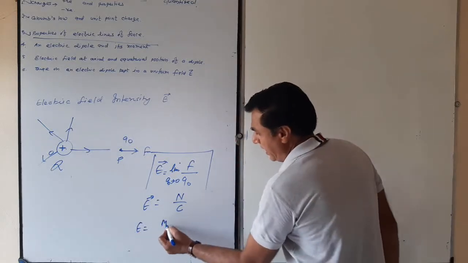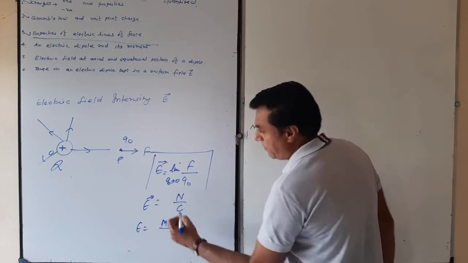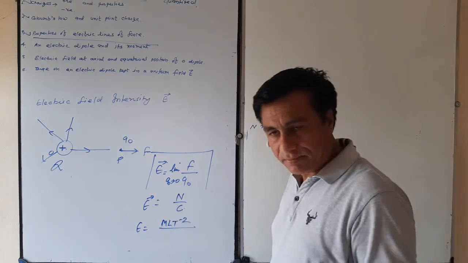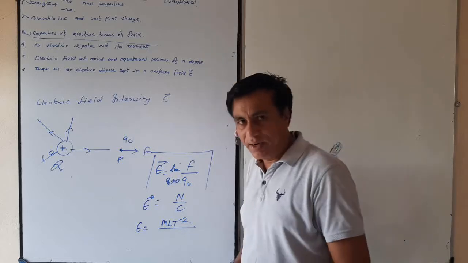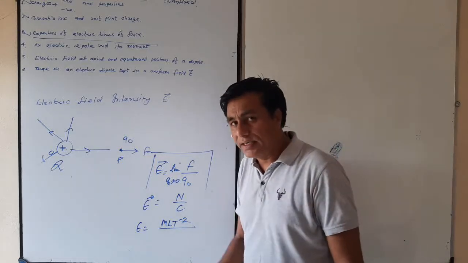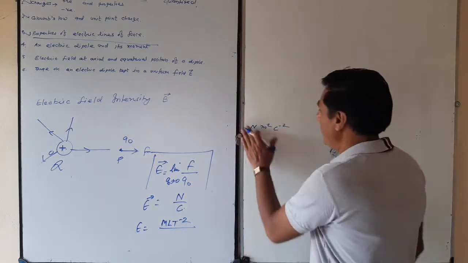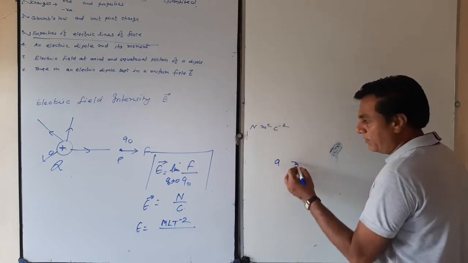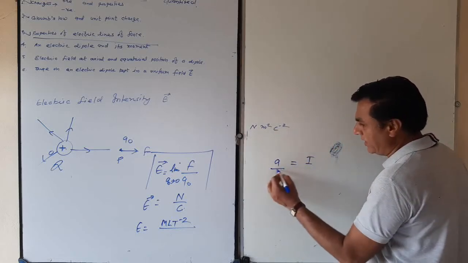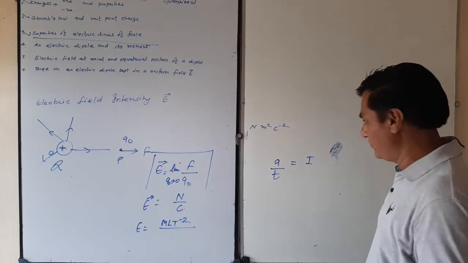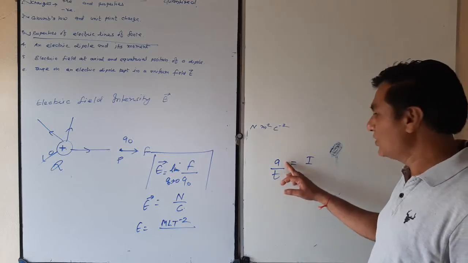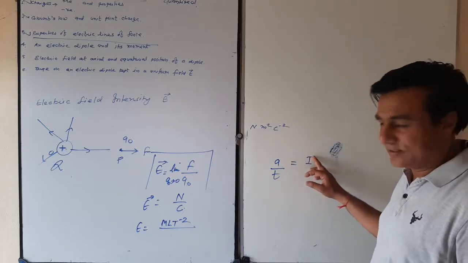Force is mass times acceleration, divided by Coulomb, which is not a fundamental physical quantity. The fundamental physical quantity is ampere, so you can convert charge into the fundamental quantity. The rate of flow of charges through a conductor is known as current.